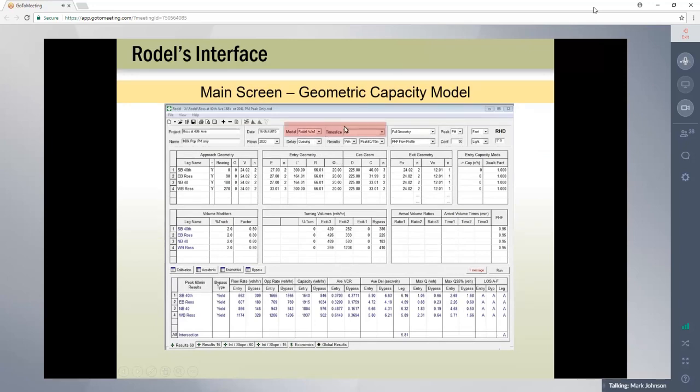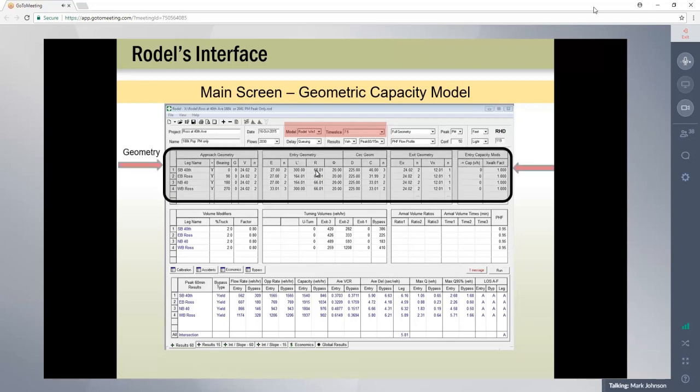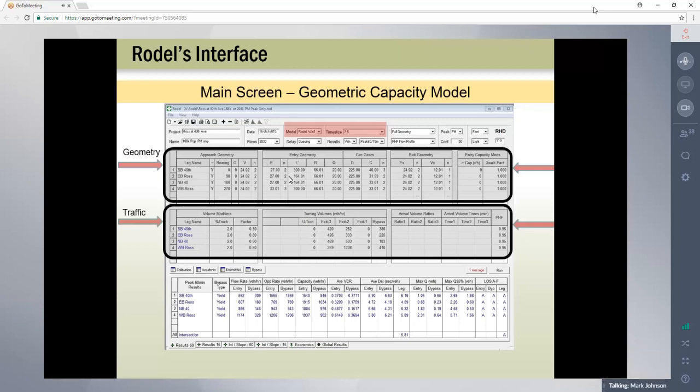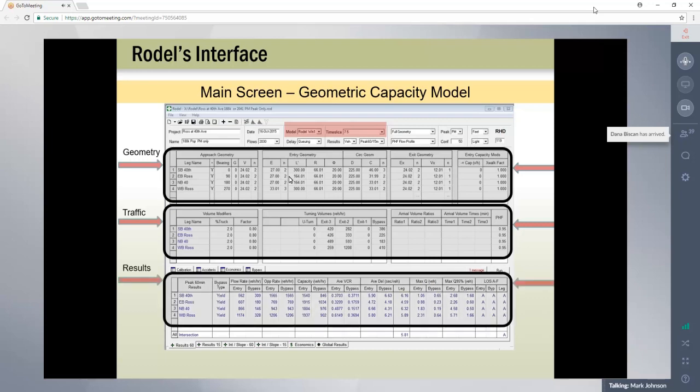You select the type of model. Geometric model is selected here, and then the geometry inputs are there. Your traffic inputs are the next row down, and your results output field is the third row.